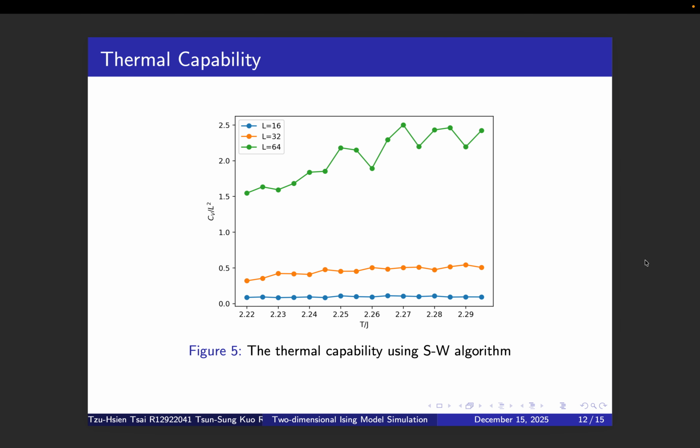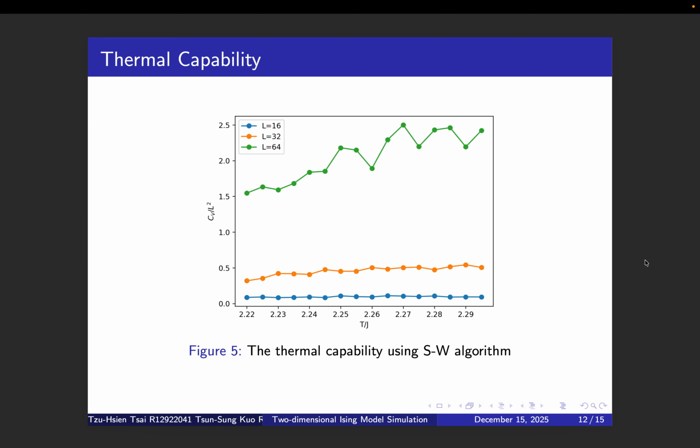And for the thermal capacity, we found that when the lattice size is 16 and 32, the thermal capacity is a constant multiplied by the size of the lattice over different temperatures.